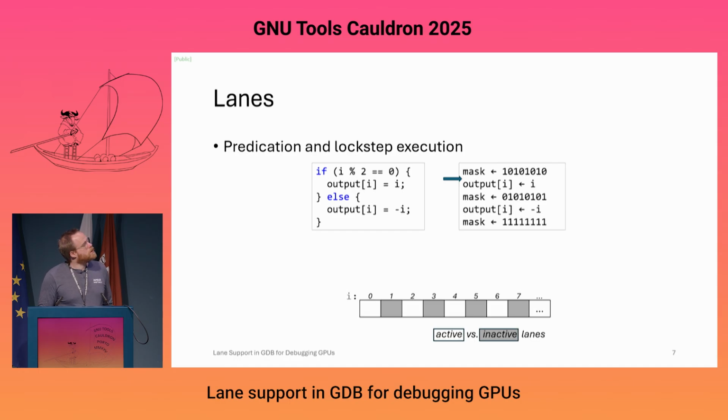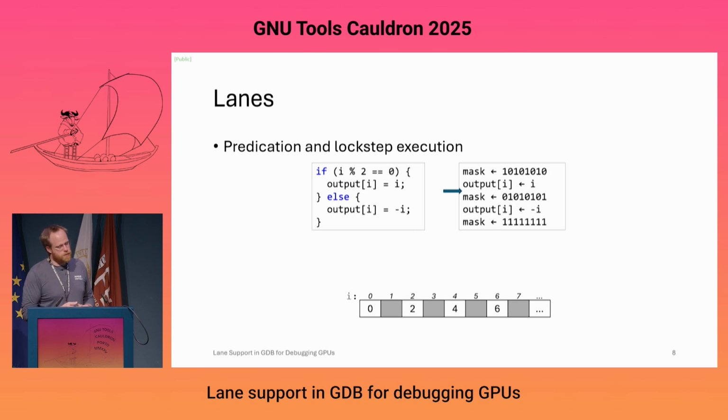And so when we execute our output of I statement, we have something happening for the even indices, and nothing happens for the odd ones. And then when we get to the else, we flip the mask, because everywhere where we had 1, we want a 0 in the predication mask, and everywhere where we had 0, we want a 1.